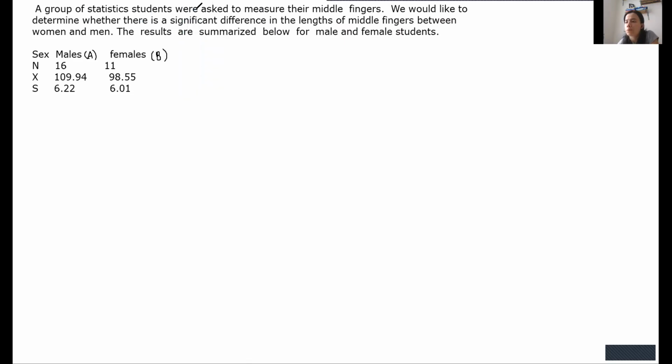So what I'm trying to prove through evidence is that there is a difference between mu A and mu B, where mu A is the average length of middle fingers for males.